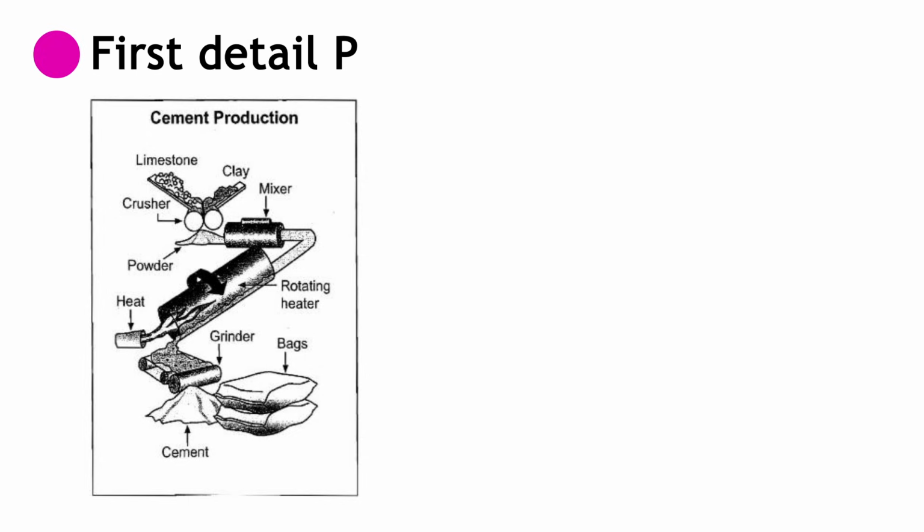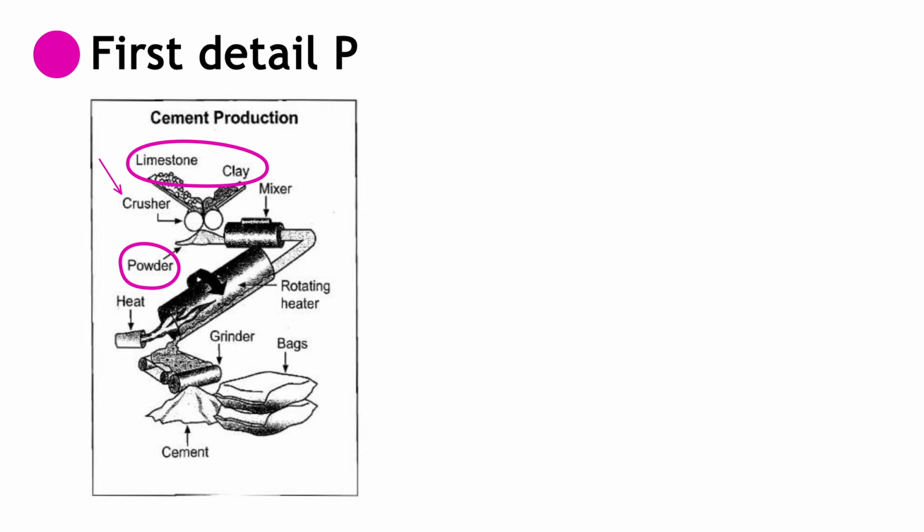All right, in paragraph 3, we write about cement production. Let's take a look at the stages we have here. The first stage is that we need limestone and clay. As you can see, they are turned into powder with the use of a crusher.